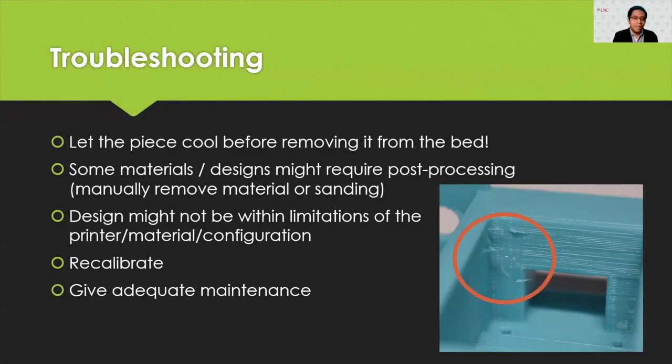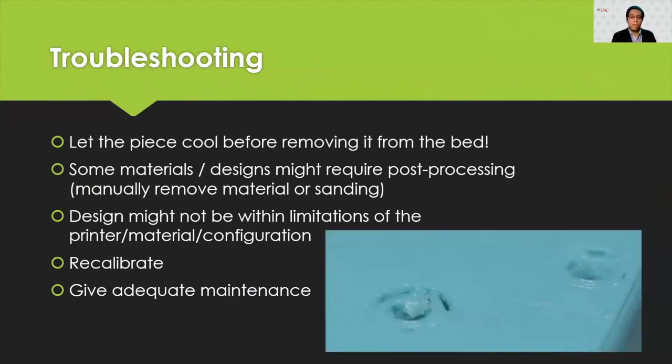Another thing, the designs that we use might not be within the limitations of our printer or the material or the configuration that we're using. Here, for example, we can see that while trying to print holes in the design, the hole might be too small for the printer to handle. Another possible source for this kind of error is that we were retracting too much plastic between one circle profile and the next.